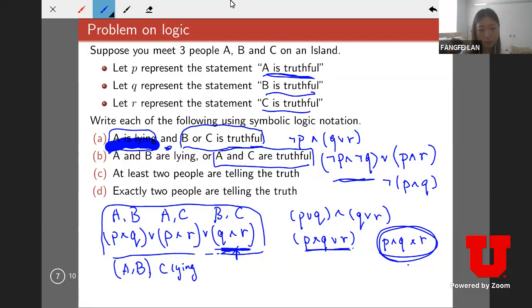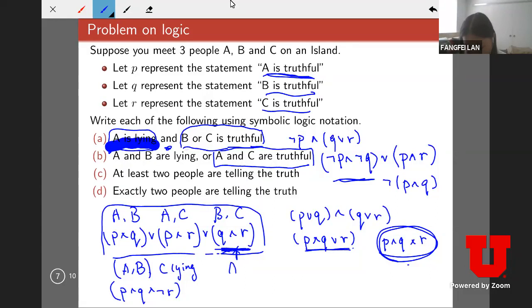Any ideas? Yes, I think that person wanted to say P and Q and not R. Yes. A and B and not C. Yep. So we have P and Q and not R. So that's the first possibility.